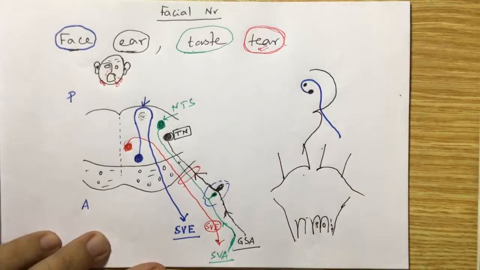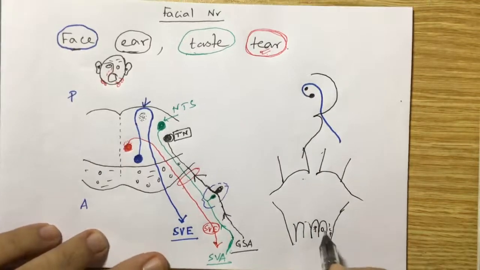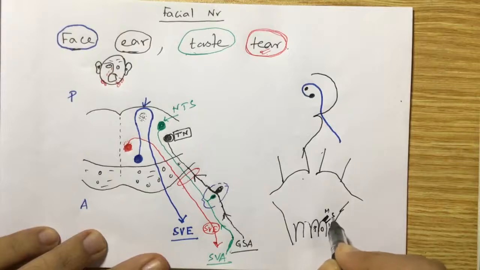Actually the seventh nerve is coming out in this zone. In between the olive and inferior cerebellar peduncle, we'll find one thicker motor root and one thinner sensory root. This sensory root is also known as nervus intermedius.